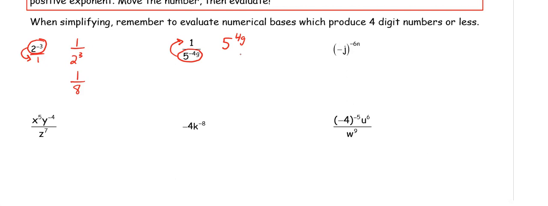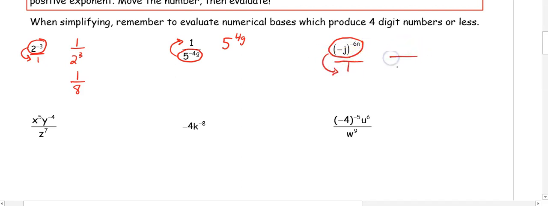Remember, when we are moving, we're only making exponents positive or negative. So the negative j is going to stay negative j, and it's going to move to the denominator. So we have parentheses negative j to the positive 6. Nothing was left in the numerator, so we have to put a 1 so that we show it is a fraction in the denominator there.